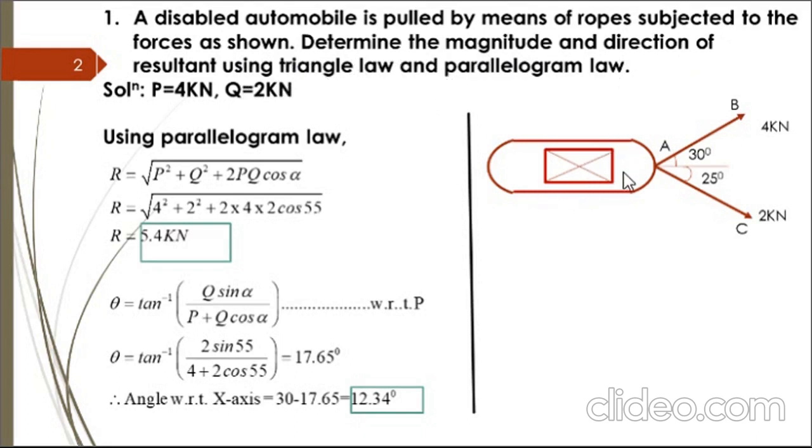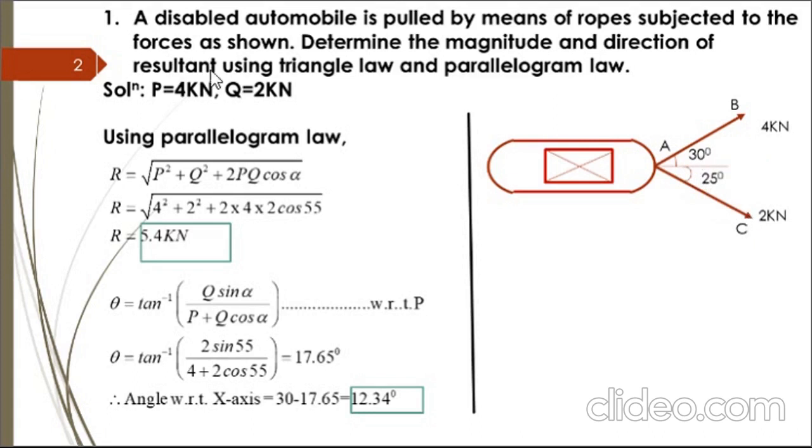So here in this figure you can see a disabled automobile which is pulled by means of the two ropes AB and AC. The force in the rope AB is 4 kN and in the rope AC is 2 kN. AB is at an angle of 30 degrees with respect to horizontal x and AC is at an angle of 25 degrees with respect to horizontal x.